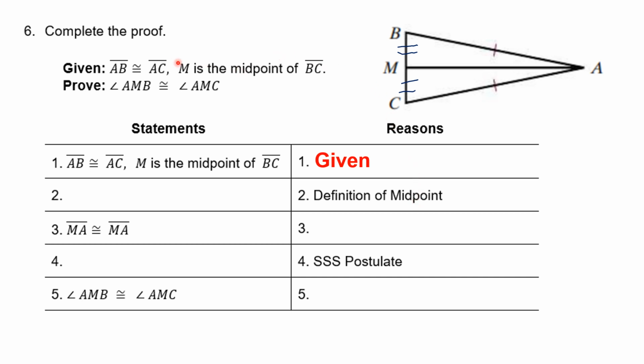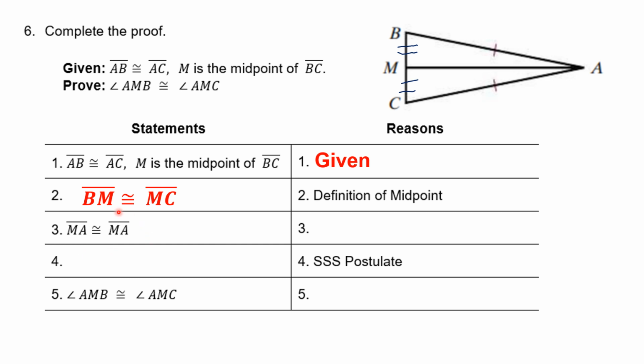The midpoint means that it's exactly halfway in between B and C. So that means that line segment BM is congruent to line segment MC, by the definition of the midpoint.